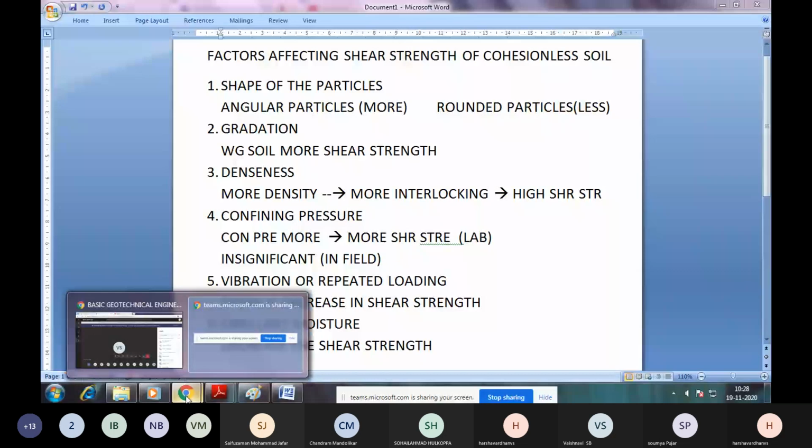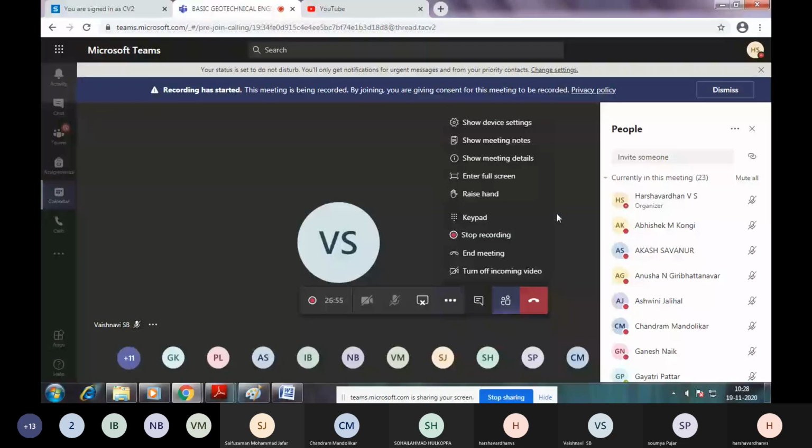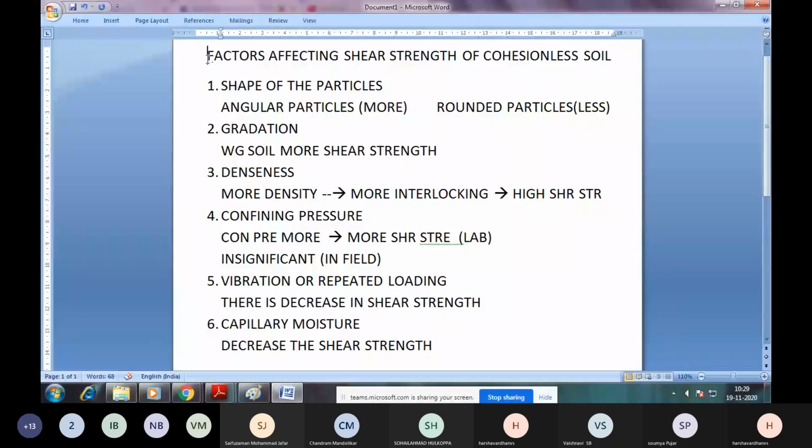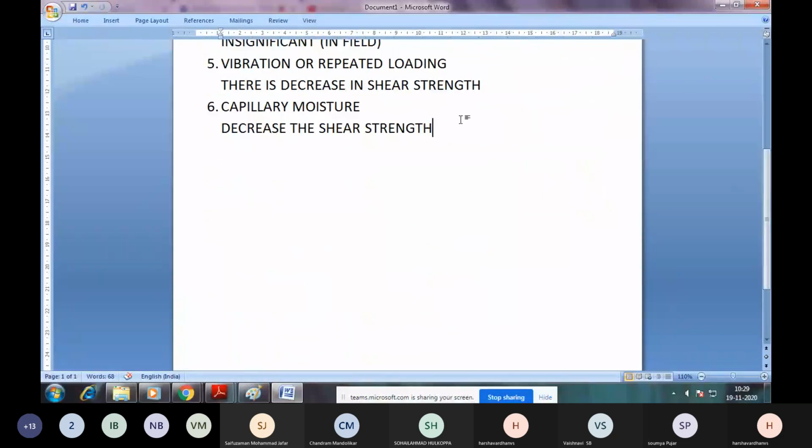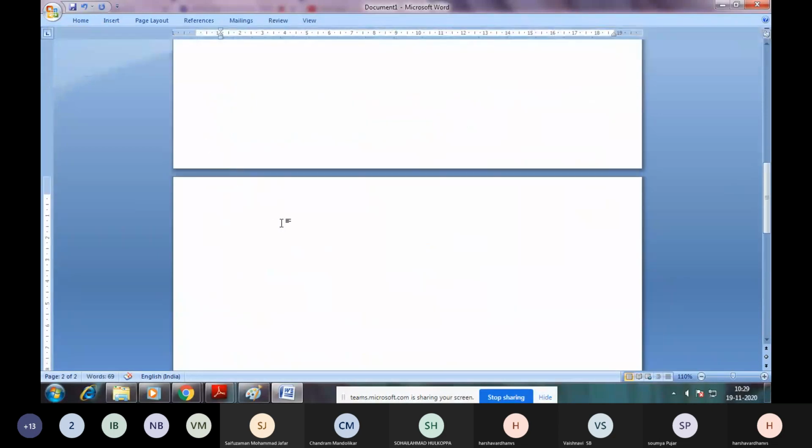Next, we have factors affecting cohesive soil. When we are talking about cohesive soils, we are talking about clay soils.